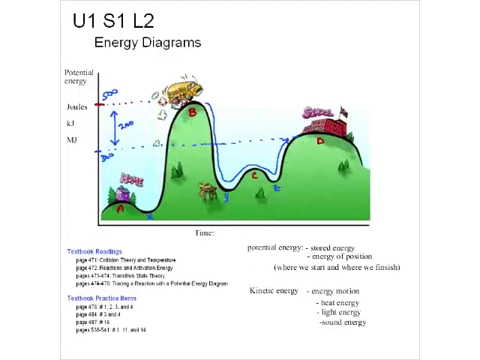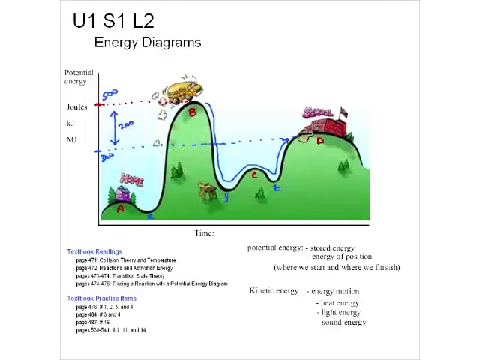If this bus was all of a sudden to give out and not run, the bus driver could simply put it in neutral and roll back down the hill to get home, or roll the bus all the way to the school, because it has potential energy. It's got stored energy from its position because the bus is higher than every other position on this diagram. So potential energy is stored energy.